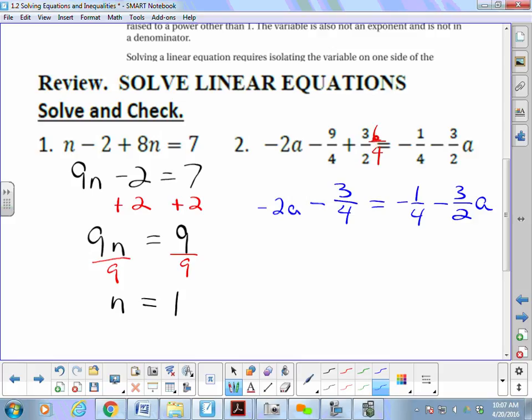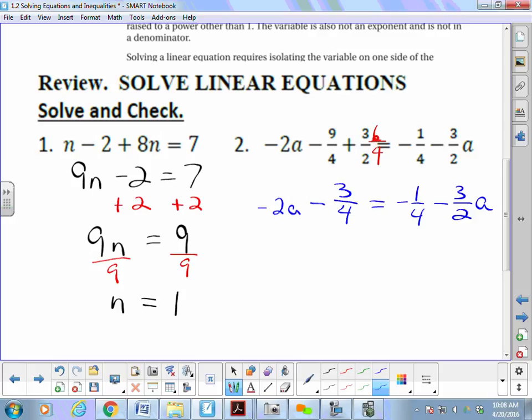Now we have a variable on both sides. We have a on the left and a on the right. So what should be my next step then? Add 2a to both sides. Why do we want to add 2a to both sides? We're going to switch sides.